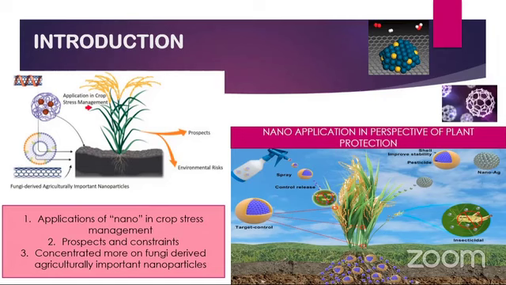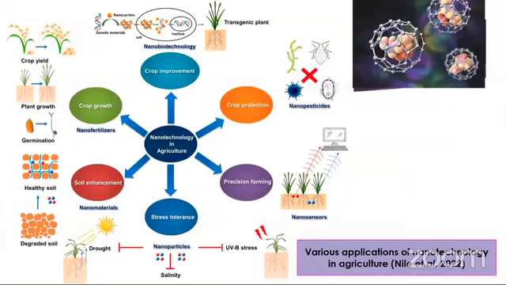Next, in this slide, we'll be learning about various applications of nanotechnology in agriculture. Nanotechnology is undoubtedly playing an important role in reviving the agriculture and food production industries these days. Nanoparticles have proved to be a promising alternative for the manufacture of nanofertilizers compared to conventional fertilizers.